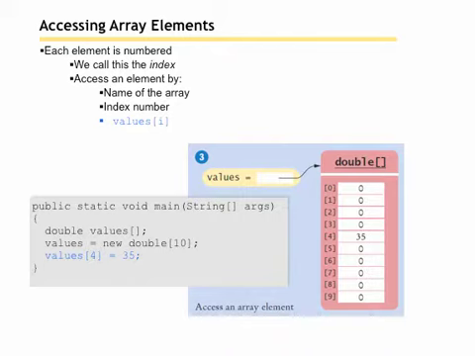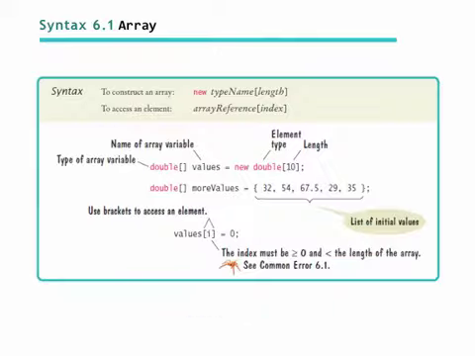We're using the array name followed by the subscript just the way we would any other variable of type double. So here's the syntax for the array. We start with the data type, the square brackets, the name of the array, the equal sign, new, and the data type and the length, or the data type, square brackets, the array name, equal sign, and then the initializer list.